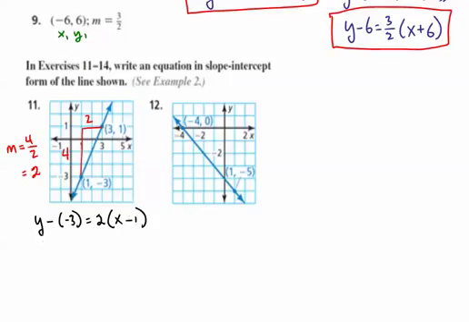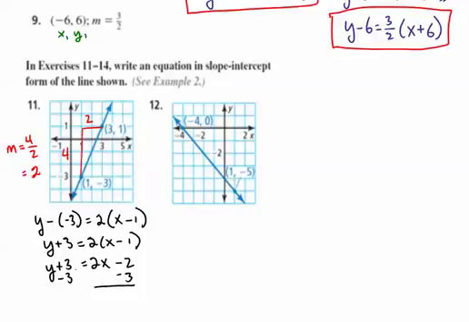So first I'm going to simplify: y plus 3 is equal to 2 times x minus 1. Then I'm going to distribute: 2x minus 2, y plus 3, and well, first I'll subtract 3 on both sides, and I end up with y is equal to 2x minus 5.